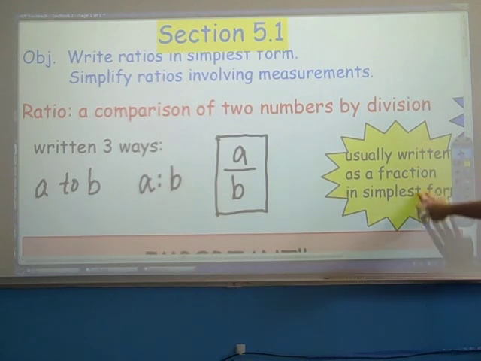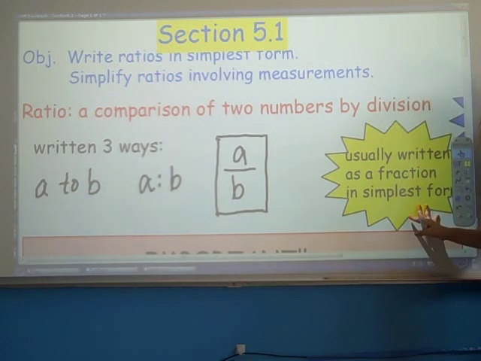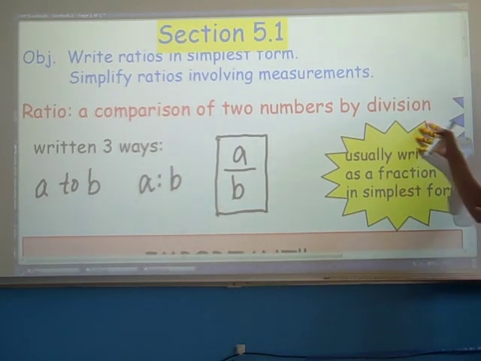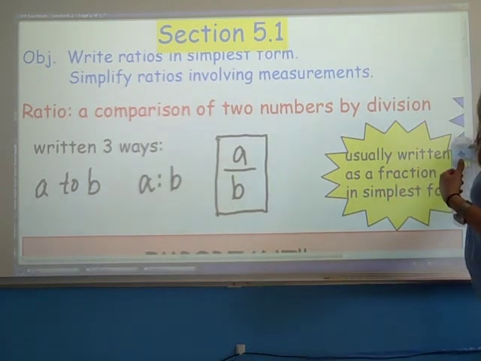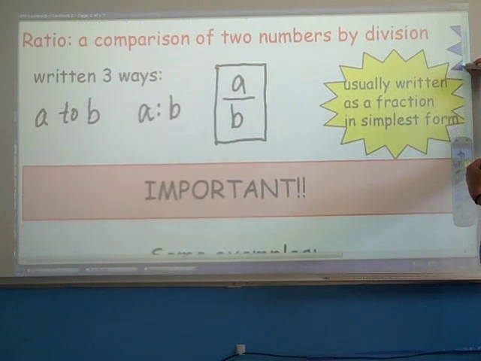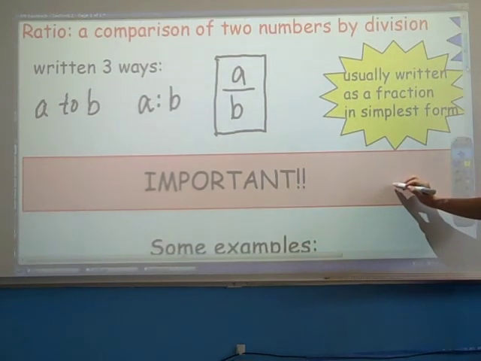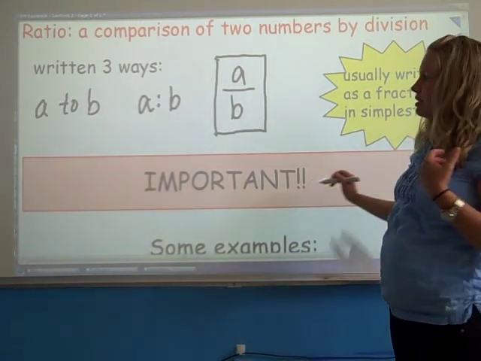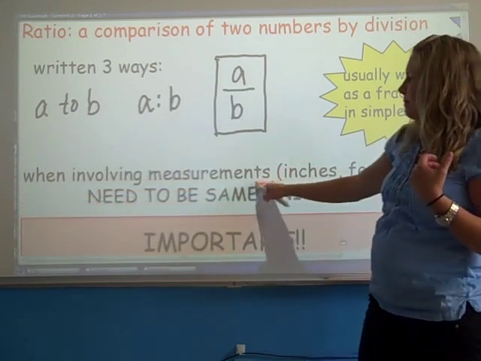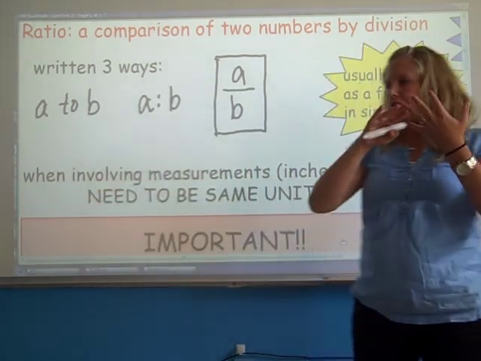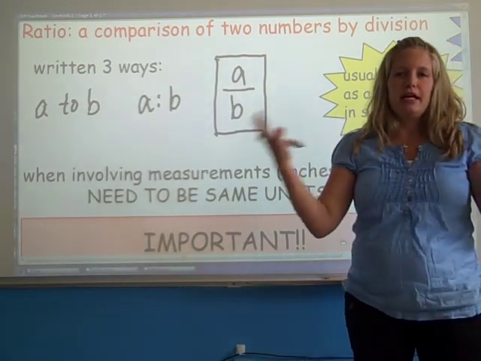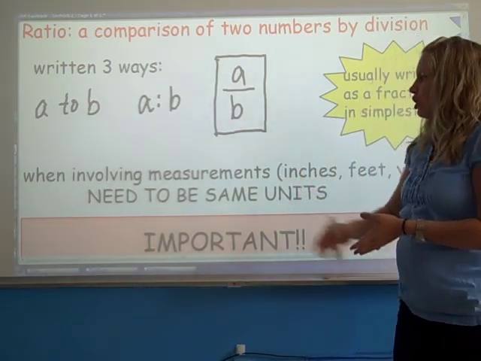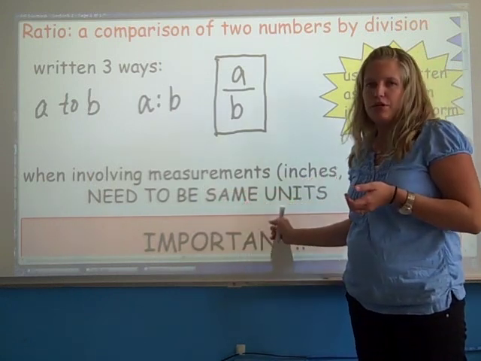We're going to be using the fraction form, usually written as a fraction in simplest form. This is just a reminder of how you should be writing your ratios in this chapter. Something really important to note when you're dealing with ratios involving measurements, inches, yards, feet, centimeters, quarts, anything that you know conversions for, is that you need to make them the same units.